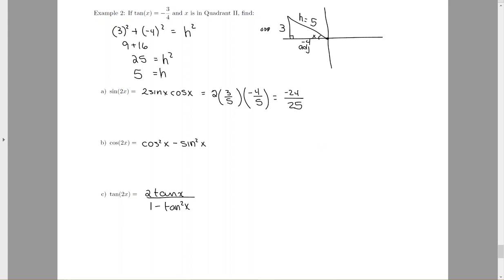Cosine 2x, and again, either of those 3 formulas will work. I just picked this one this time, so I'm looking for the cosine, which is adjacent over hypotenuse, -4/5 squared minus sine squared, opposite over hypotenuse.